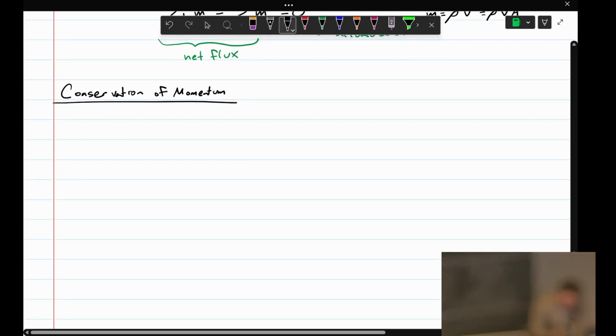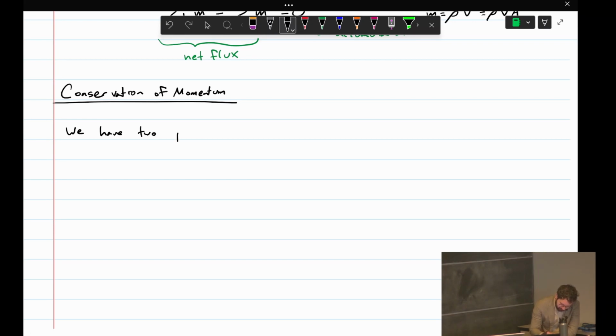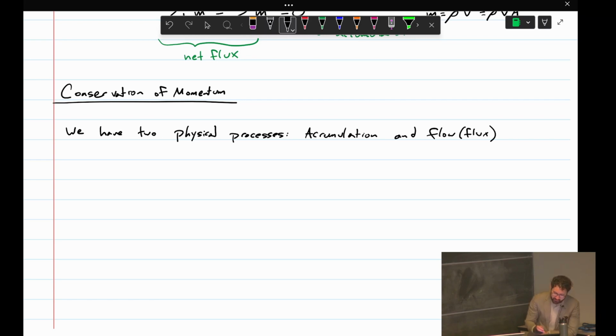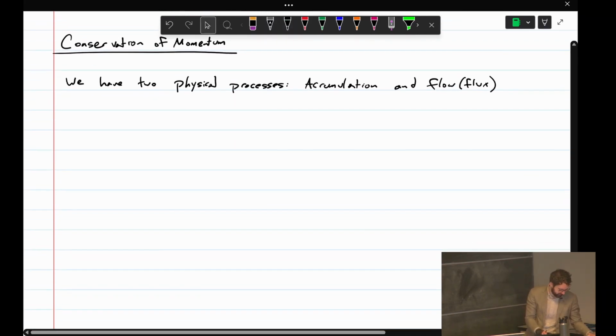So accumulation and flow, or flux. So we can't create or destroy in a conservation law. So we have no source or sink term.